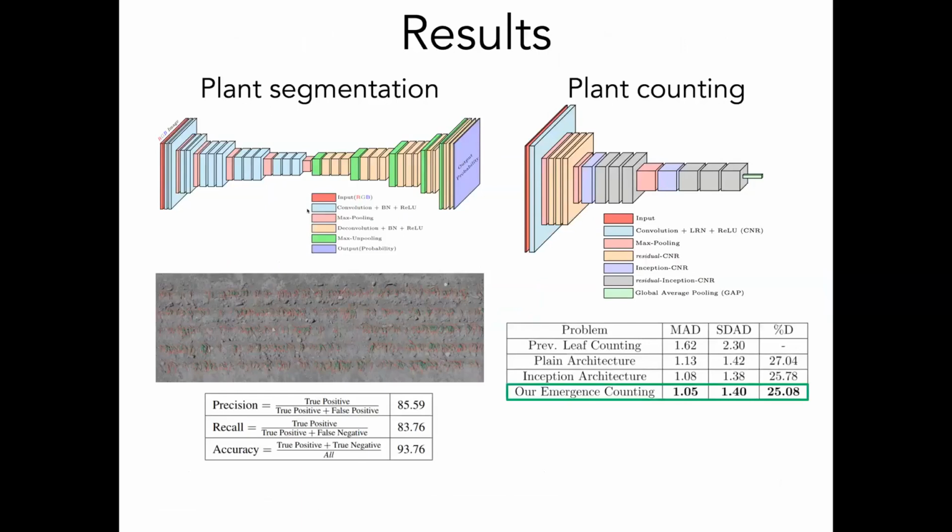And then on the plant counting, we achieved quite reasonable accuracy. Again, this is the first baseline for this type of data set. But if we compare it to the leaf counting results in normalized accuracy, we were slightly better than what we were getting for counting leaves from the rosette images.